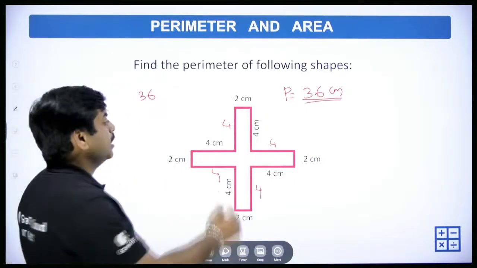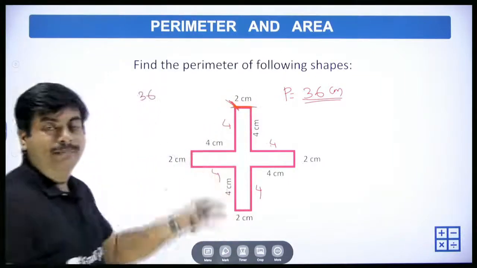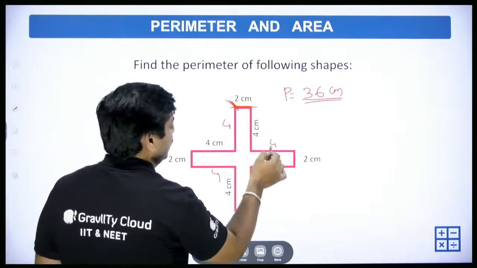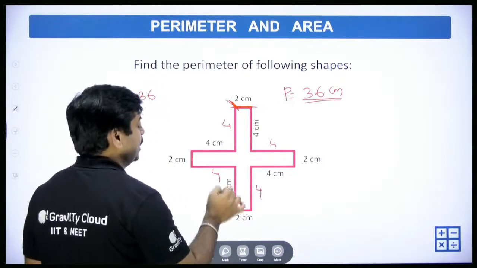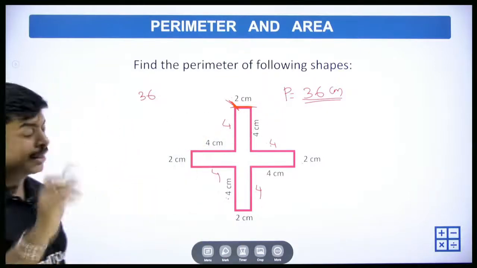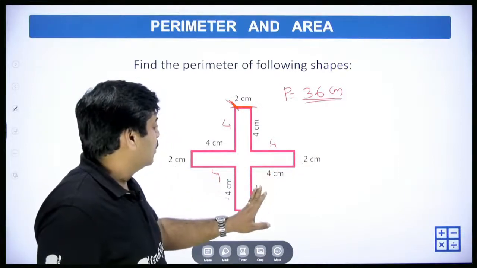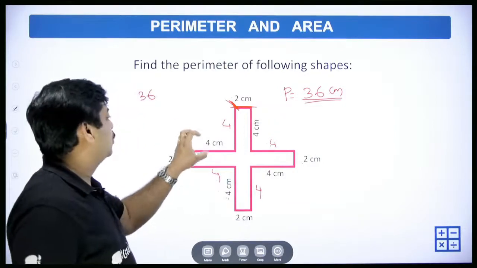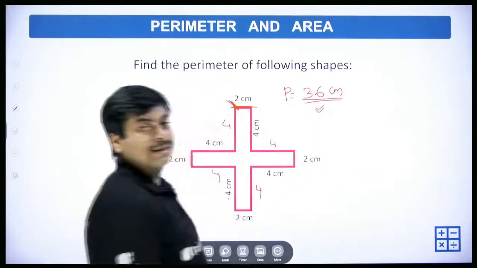So starting from here, 2, I'll end up here, but in the meanwhile, we need to add all these. So 2 plus 4, 6, 10, 12, 16, 20, 22, 26, 28, 32 and 36, correct. So the total perimeter of this shape is 36 centimeters.